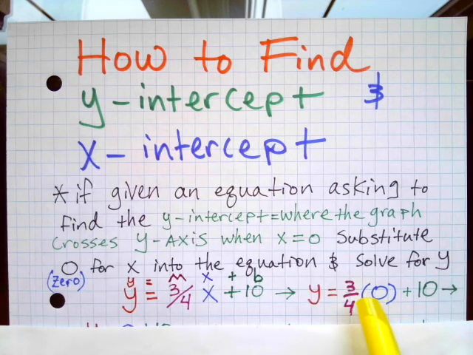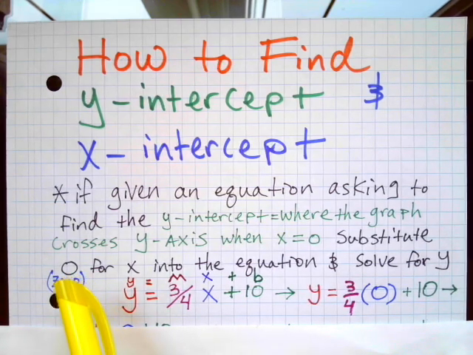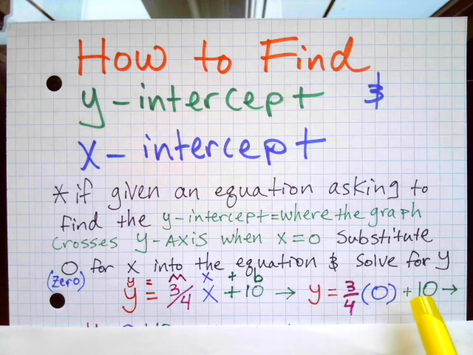Right here is 0. What's 3/4 times 0? Anything times 0 is 0. So y equals 10. And so if your coordinate point is 0 for x and 10 is your y, you have your plot points 0 and 10.